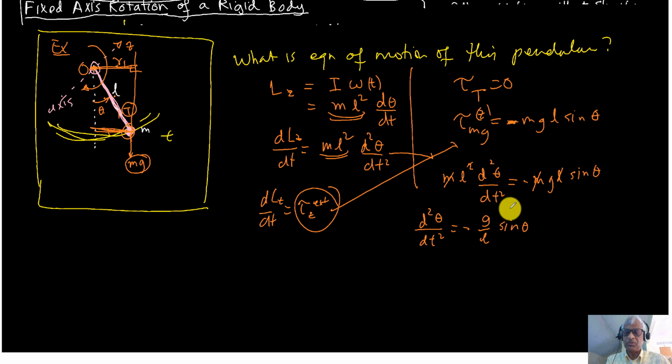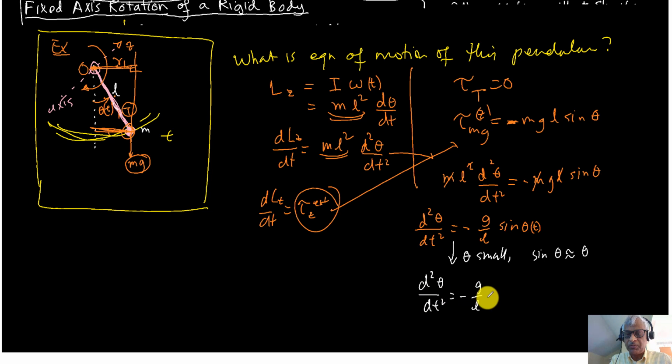This is a very hard problem to solve. Theta is a function of time because it's changing with time. So this is a hard differential equation to solve, but for a small angle it is actually possible. So if theta is small, we say sine theta can be replaced by simply theta, so d square theta over dt square equals minus g over L theta, and this is easy to solve.